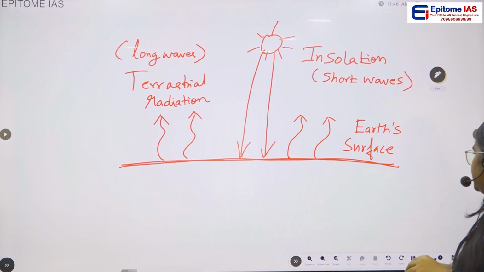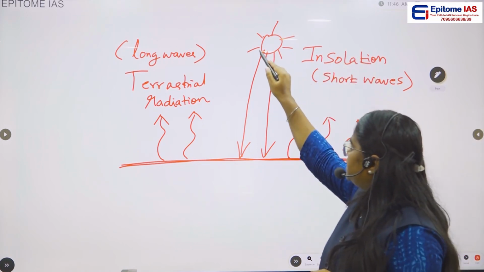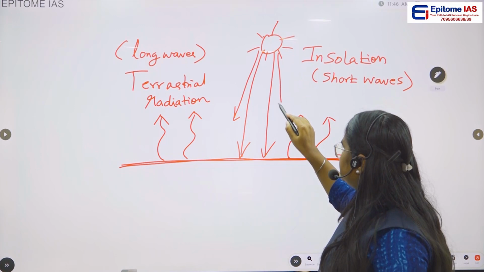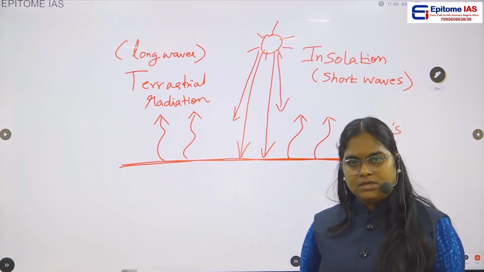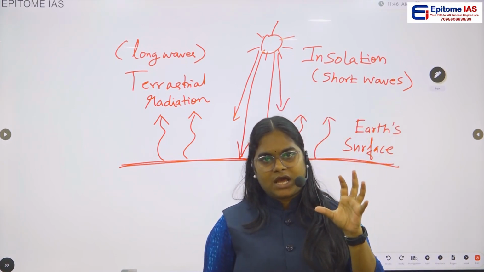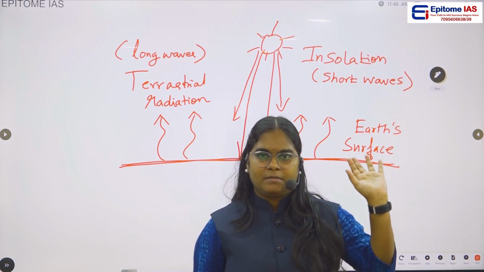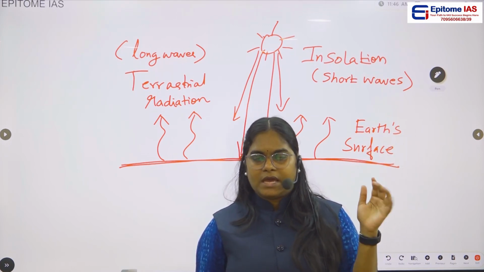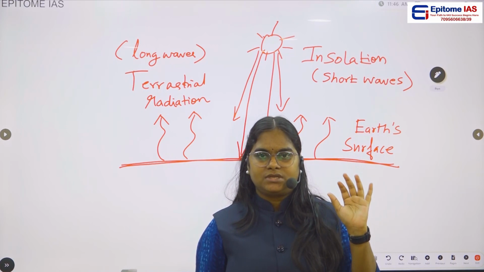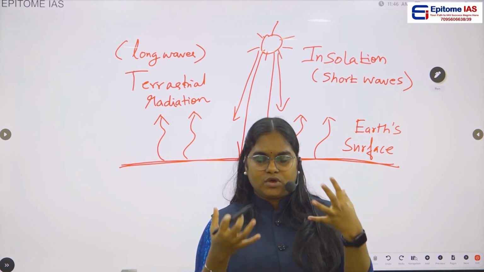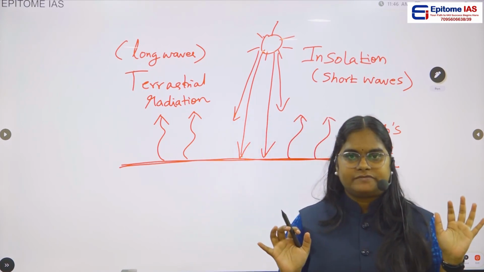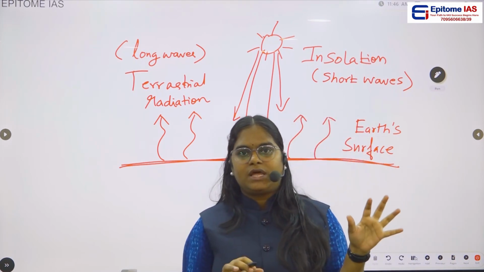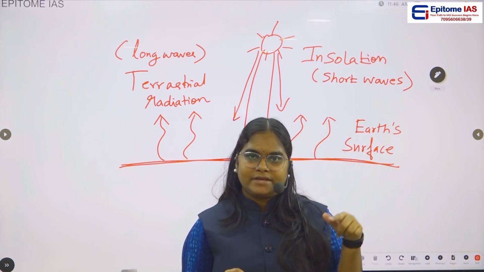Then when the incoming solar radiation reaches the atmosphere of the earth, some of the solar radiation is reflected back to space, some is absorbed inside the atmosphere, and some is scattered.